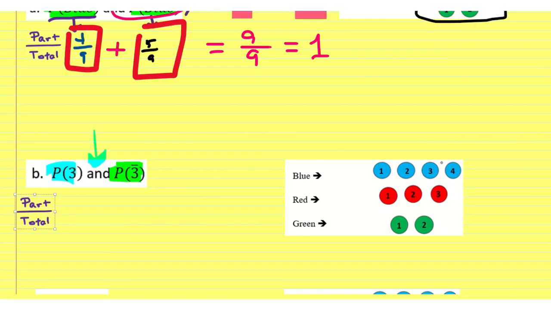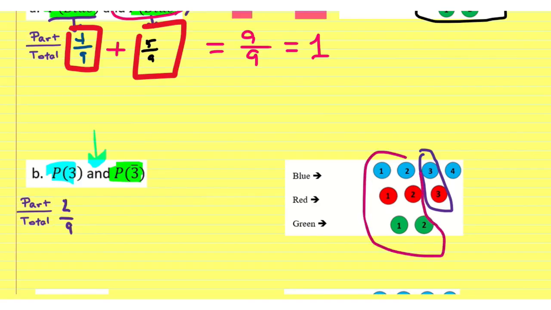So the probability of getting a 3, well, how many 3s do I have? I have 1, 2 3s. So the probability of getting a 3 on my marble is 2 out of a total of 9 marbles. And the probability of getting a not 3 is all the rest of the marbles. So that would be all of these plus this one right here. 1, 2, 3, 4, 5, 6, 7.